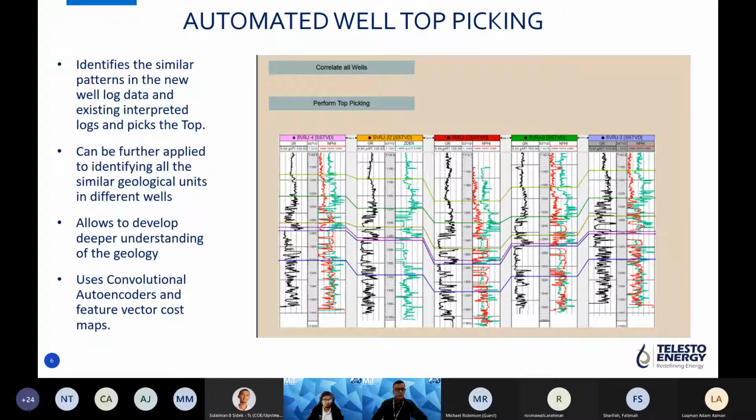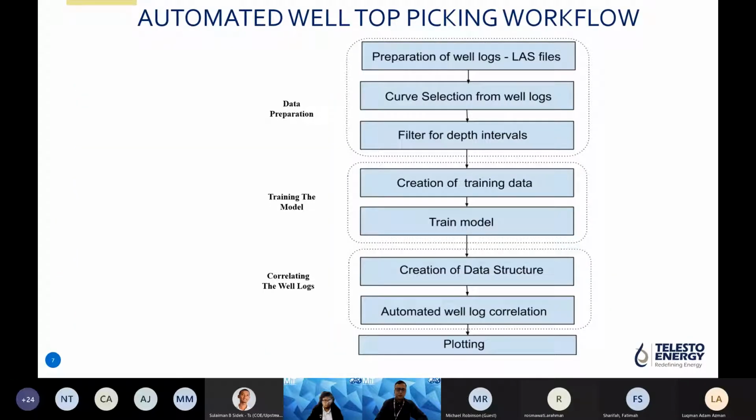This technique identifies similar patterns and compares them with the existing logs, and using a convolutional autoencoder and feature vector cost maps, we can pick the tops automatically in the new wells. How does this work? First, it's 3 stages.